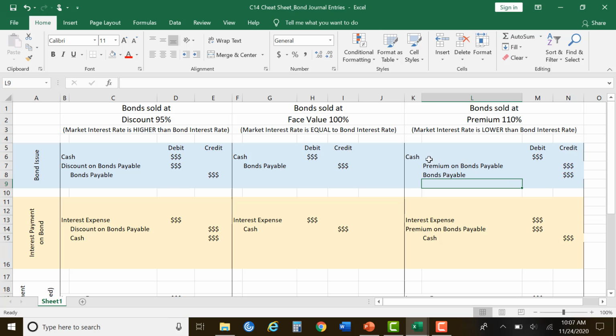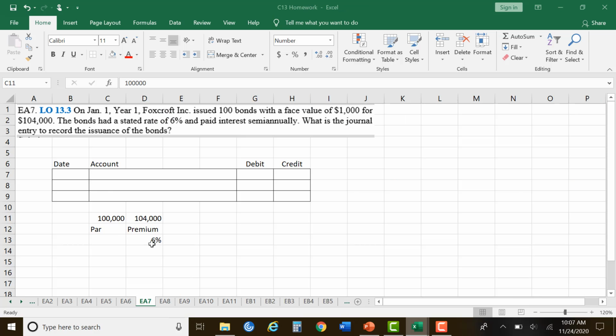So the entry for that is cash is debited. So let's debit cash. What date? On January 1, so January 1 of 2020. We received cash, and we're going to debit it for 104,000.